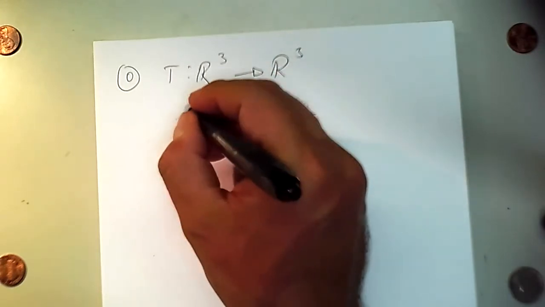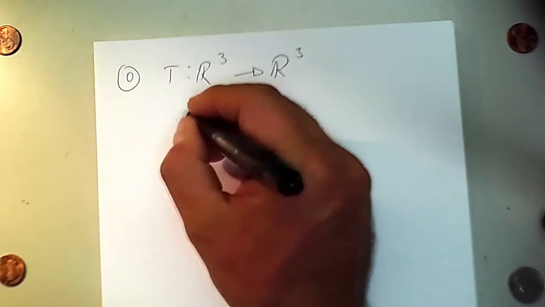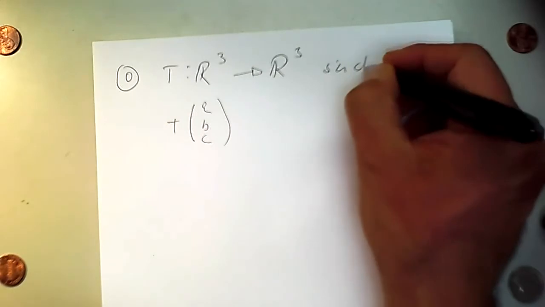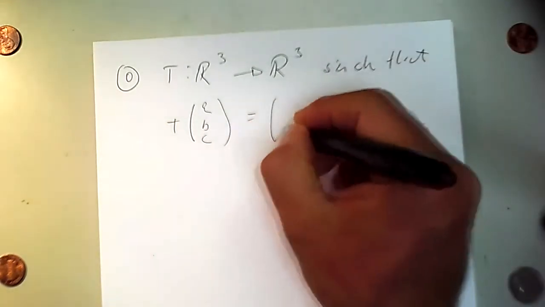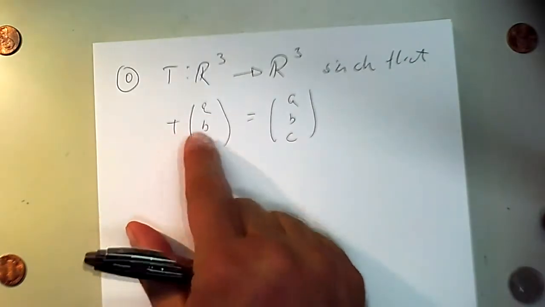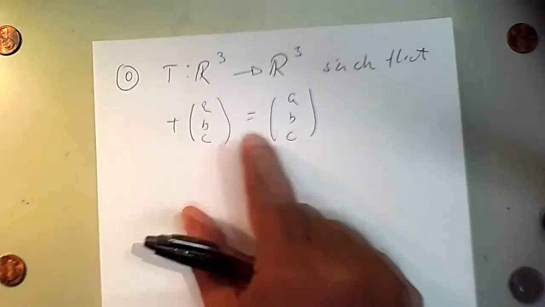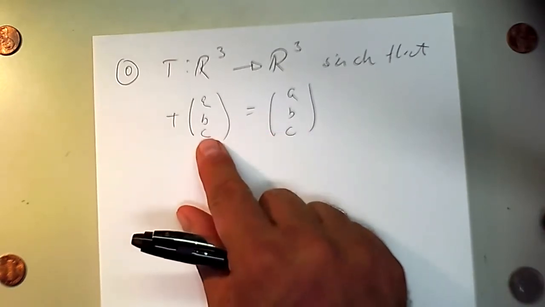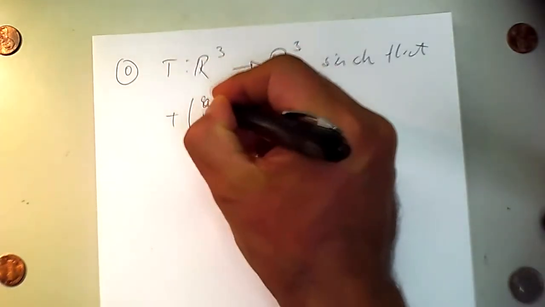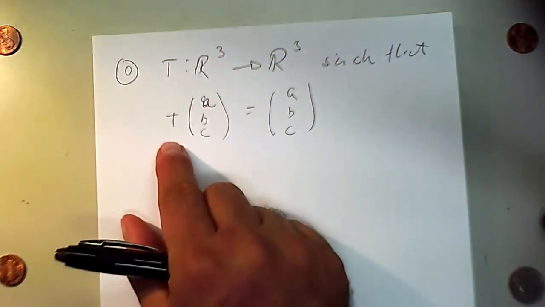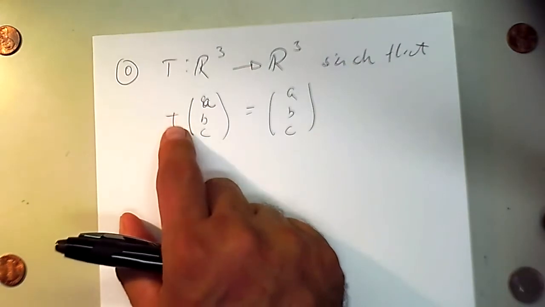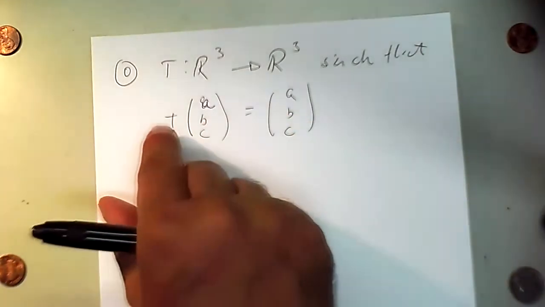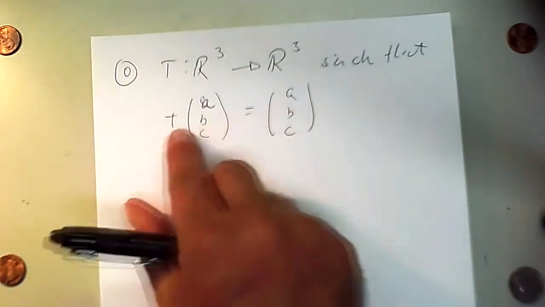So if you have any vector (A, B, C) and the transformation is such that it gives you back (A, B, C), then the transformation of (A, B, C) gives you back the same (A, B, C). That's the identity transformation. It doesn't change anything. The input is this, the output is the same. Anyway, what is the matrix corresponding to this? Now, this is a transformation. This is like an f of x kind of thing. f of x equals that. All right, so that's the way we read this.